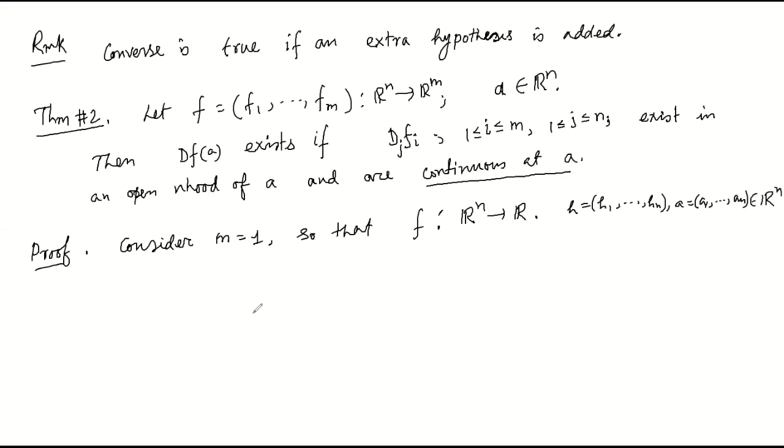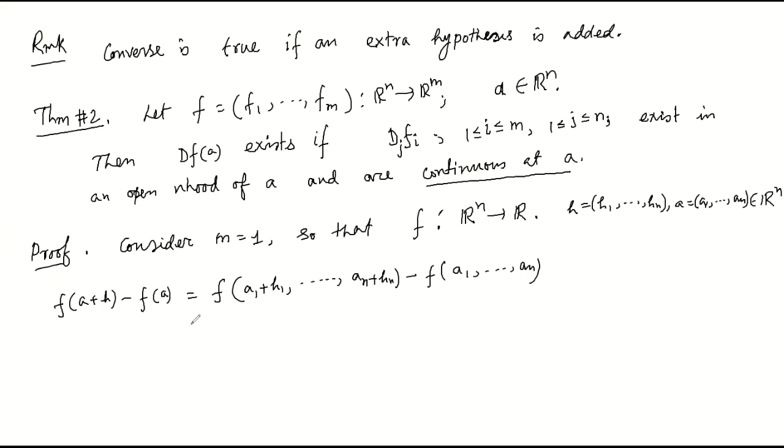Basically we have to show that the derivative of f at a exists. So we start with f of a plus h minus f of a, and this is equal to f of a1 plus h1 comma and so on an plus hn, minus f of a, meaning the n-tuple a1 and so on an.